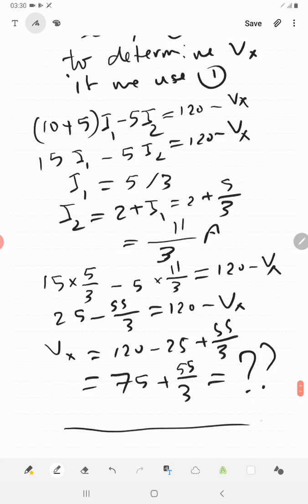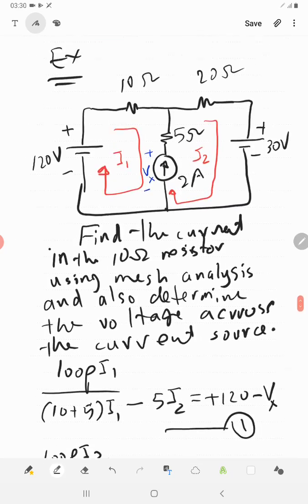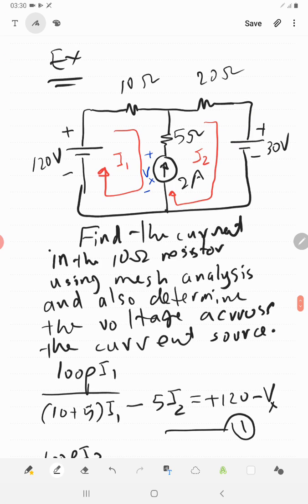So to summarize, we have a current source in the circuit. We assign a voltage Vx across that current source, and we do the loop. We don't forget to put Vx in the loop as well. So we make for the loops two equations, add them to get rid of Vx, and the other equation you need is from the current source, I1 minus I2 equal minus 2.